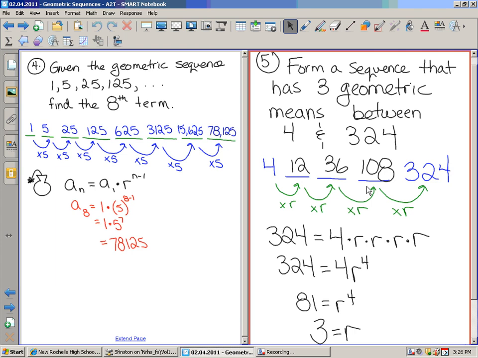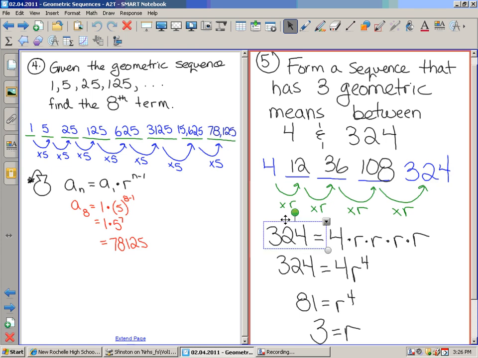Well, the first thing we did in class was we drew a picture of the problem. And then we said, okay, it's geometric, so that means we must be multiplying by a constant ratio each time to get down over here. And if that's the case, then we can probably build some kind of equation to represent what we just drew.